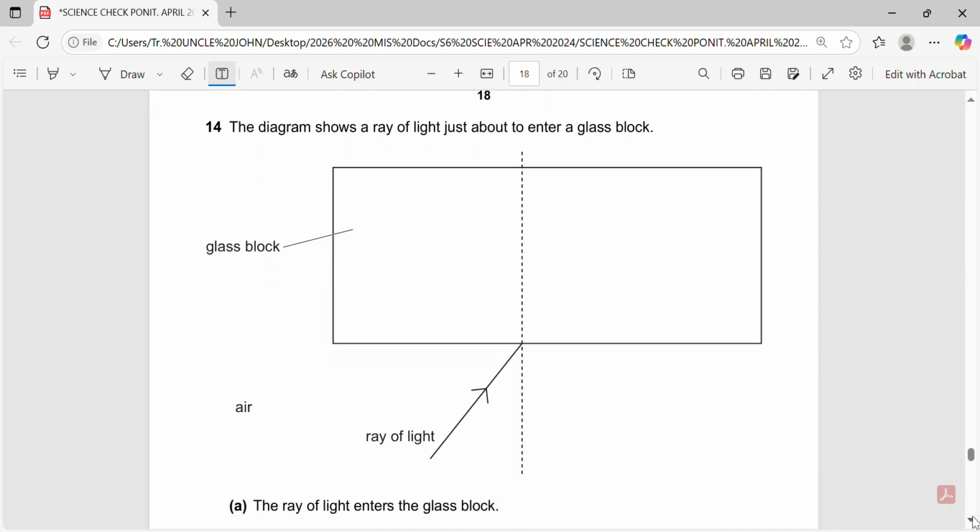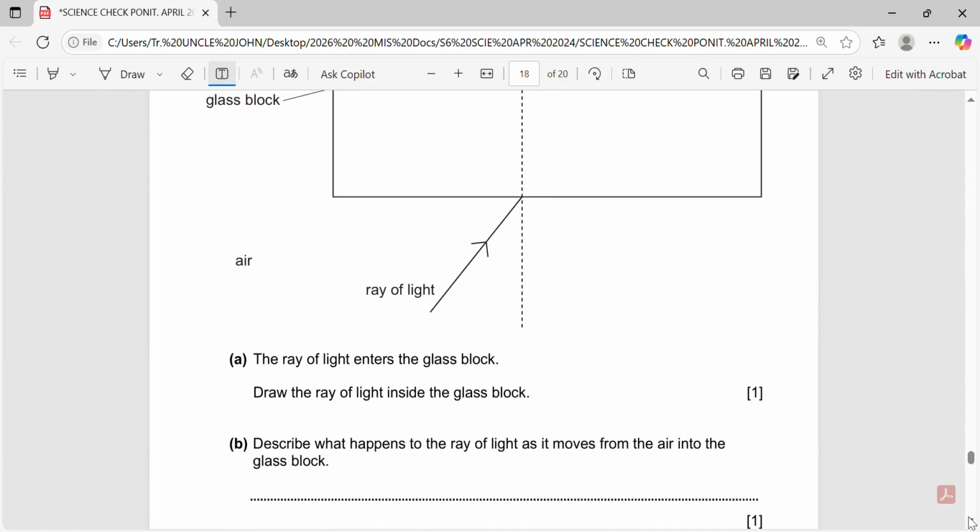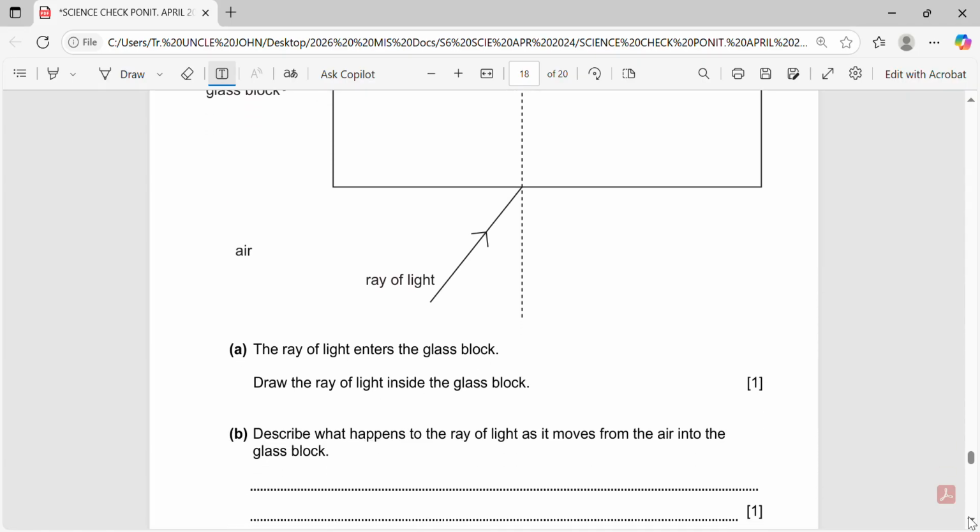Then number 14. The diagram shows a ray of light just about to enter a glass block. This is a glass block here. This is a ray of light down there. The ray of light enters the glass block.